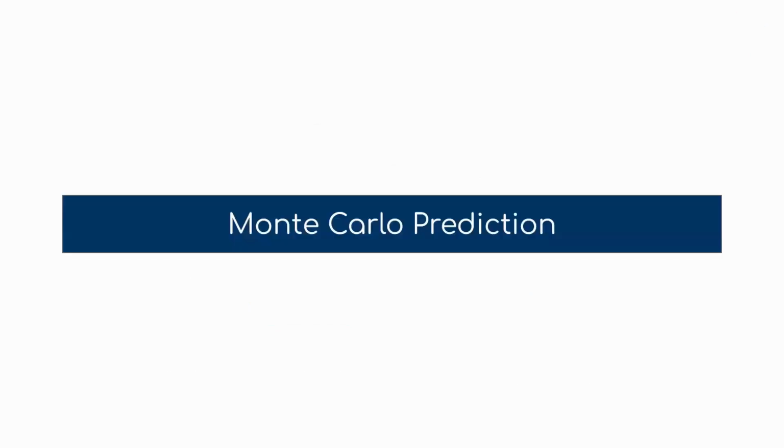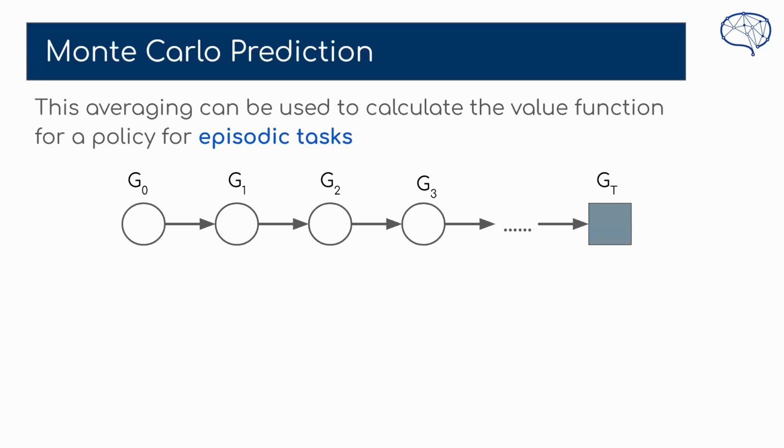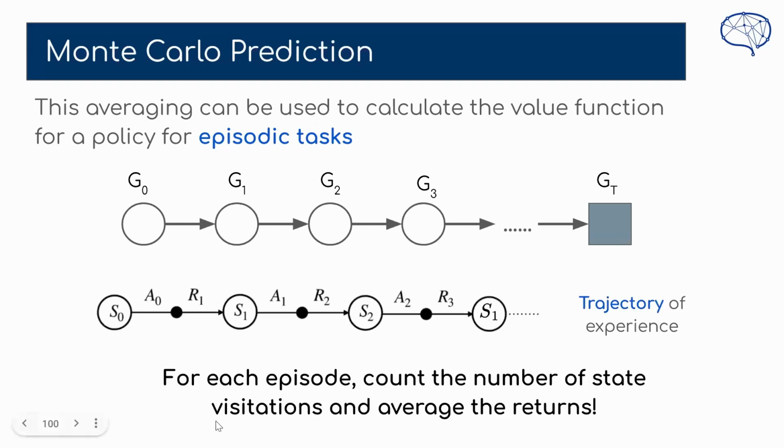That brings us to Monte Carlo prediction. If you have episodic tasks, you can break an episode down into the trajectory of experience. For each episode, all you need to do is count the number of times you visit a state, and then you average the returns. If you remember, the return is the total reward at the end of an episode. You use that to update how good your state is.